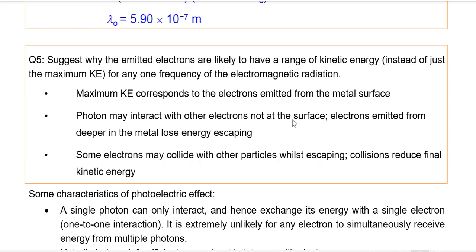Other problems may happen too. For example, the electron may collide with other particles when it's escaping, and these collisions reduce the KE it has available coming out. So max KE is the most ideal case of an electron coming out of a metal, and the electron must have the minimum energy required to escape, so likely it is somewhere at the metal surface.